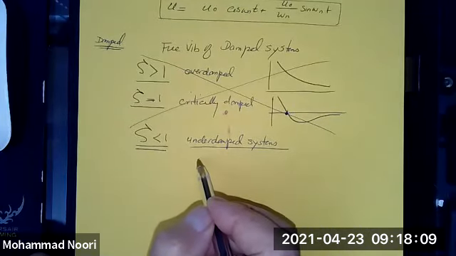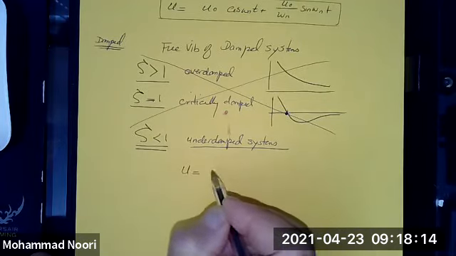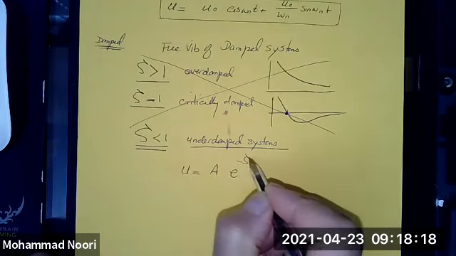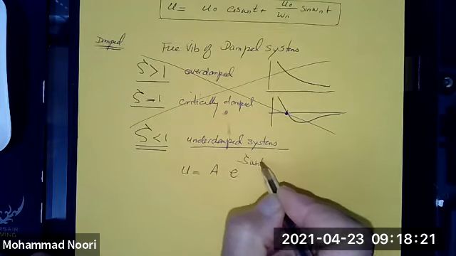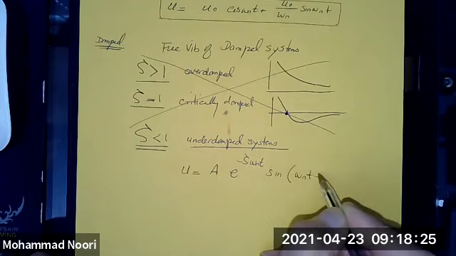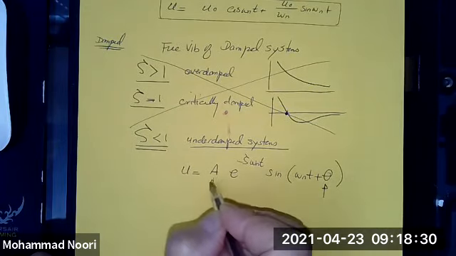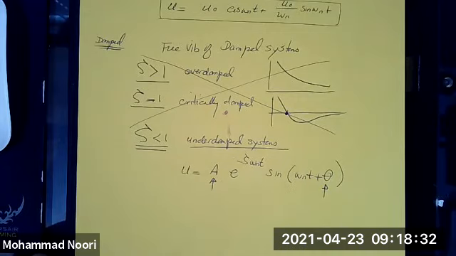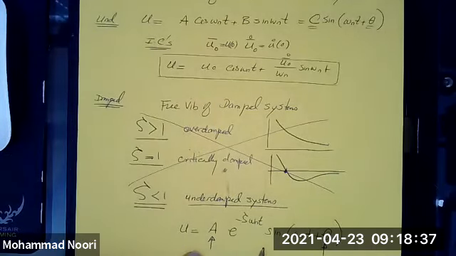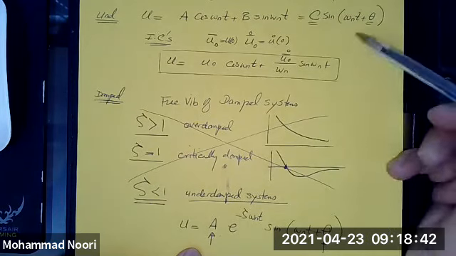So in this case, the response was of this form, right? A e to the power of minus zeta omega n t sine omega d t plus theta. These two were the unknowns, right? First of all, it's interesting if you compare this form with this.